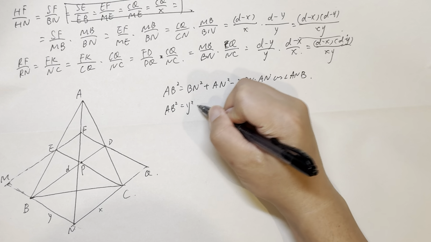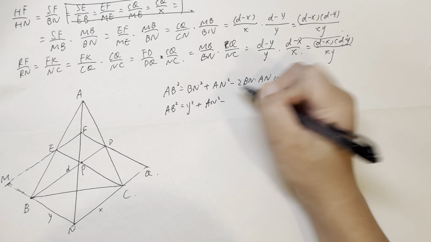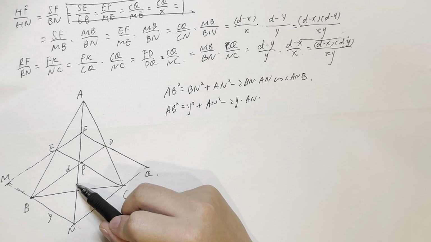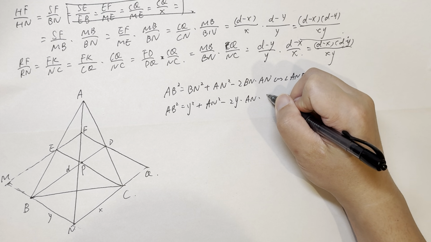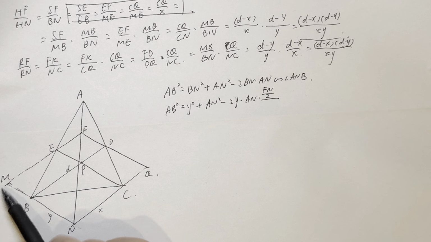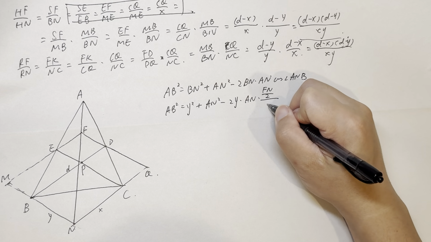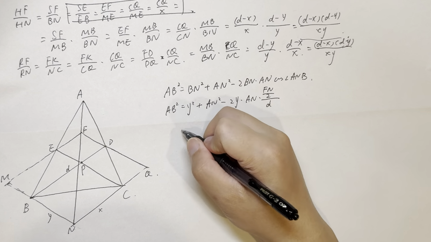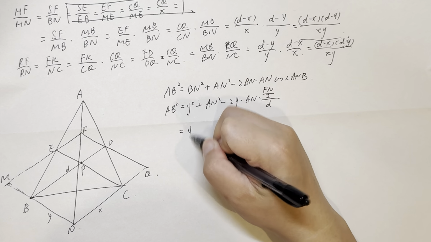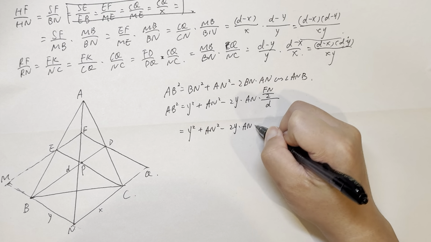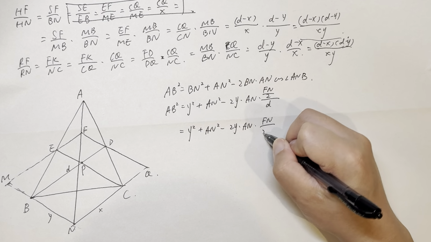So it can be rewritten as BN is y, so y squared plus AN squared minus 2y times AN times half of FN divided by MN, which is D. Right, that's the cosine of angle ANB. So we can rewrite it as y squared plus AN squared minus 2y AN FN over 2D.